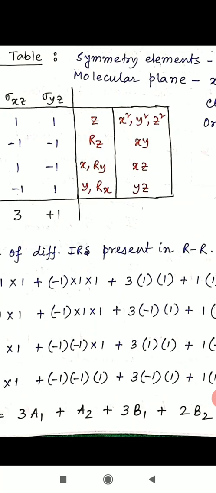Why? Because for IR active, we have to check if there is any x, y, z component. I have checked, yes, x, y, z are there. And is there any quadratic function? Obviously the answer is also yes. So the IR active is 2A1 plus B1 and the Raman active is 2A1 plus B1.